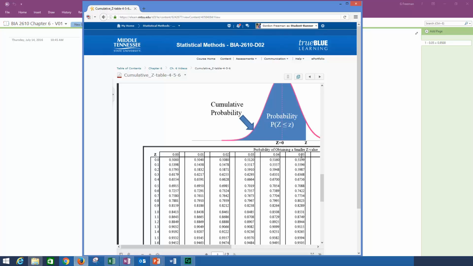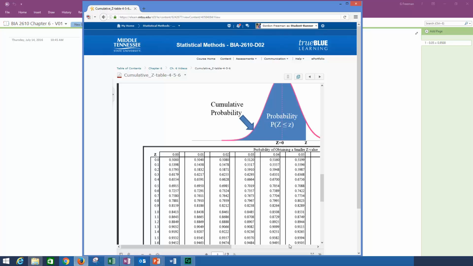So we're looking for 0.95. Now what I want you to do in a case like this, where it's not in the table, is just use the z-value for whichever one's closer. So is 0.9495 closer to 0.95? Or is 0.9505 closer to 0.95? Just pick the one to which it's closer. In most cases, one of them is going to be closer than the other one.